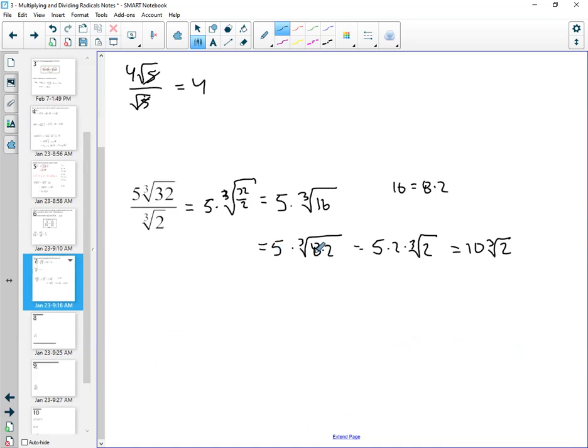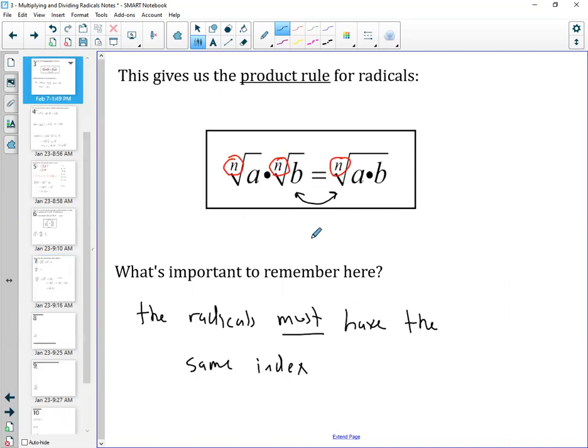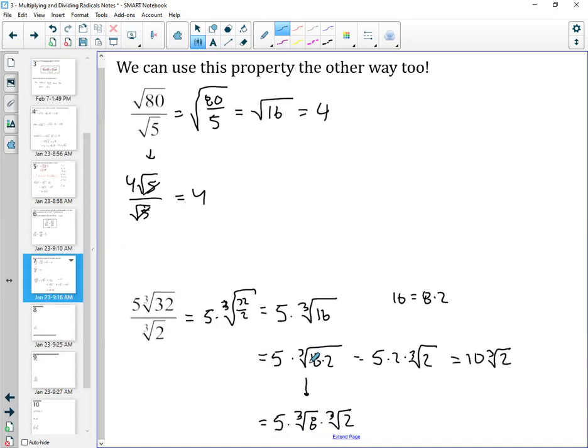Maybe I'll just mention this. The reason I multiply the 5 and the 2, the cube root of 8 here, is because I would never write all these steps out. It's 5 times the cube root of 8 times the cube root of 2. What I just did from here to here is exactly this rule. I had the cube root of something multiplied, and I did the cube root of the first times the cube root of the second.